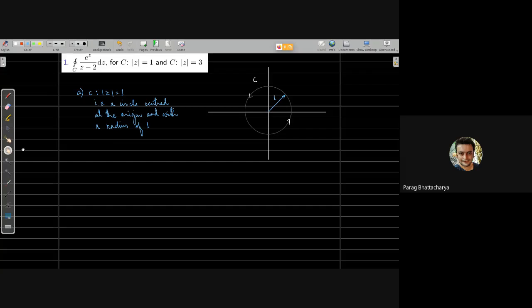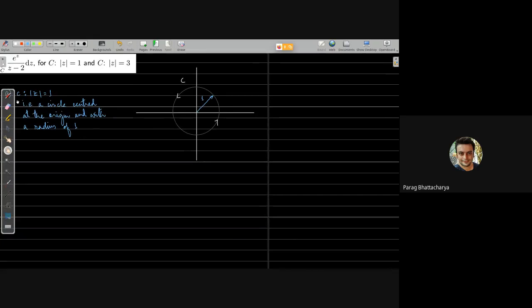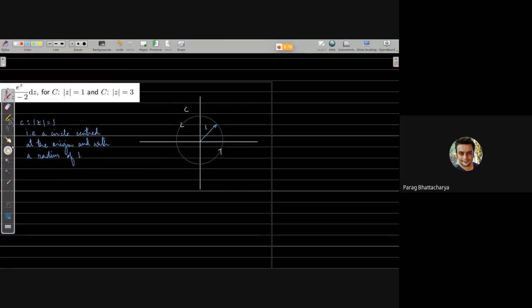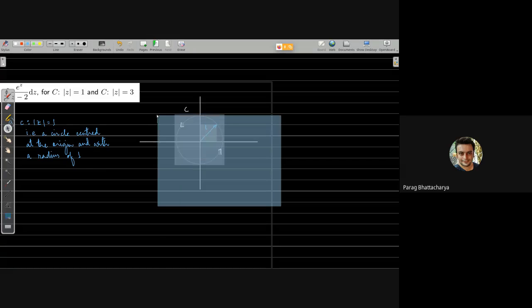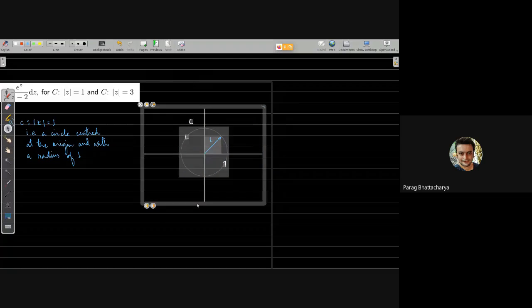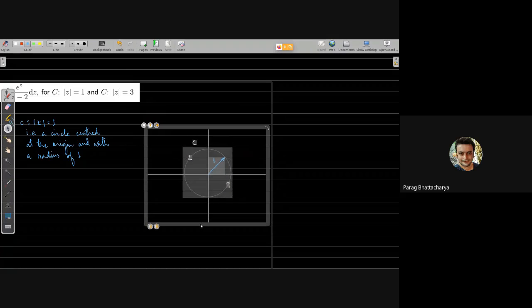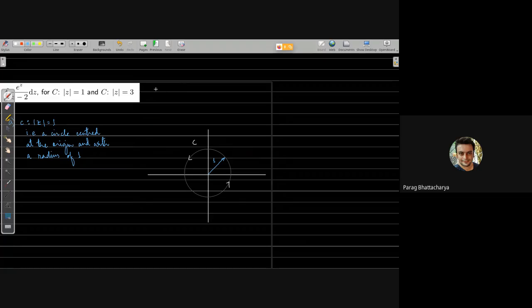By the way, in general, this is how we can represent a circle. Let me just write this here so that you can keep this in mind later on. This is just a side note.